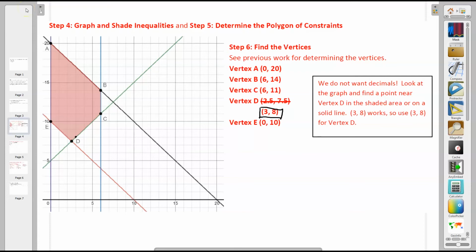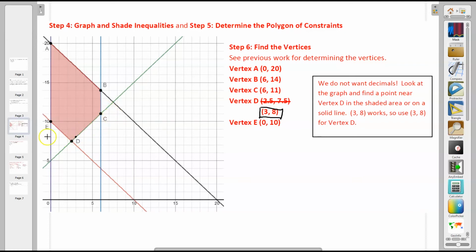Now, if it had turned out that that point wasn't actually on the line, supposing this green line had tipped down just a little bit more so that that point wasn't there, it could still be a valid solution. The solution doesn't have to be on the line. It just has to be coordinates where you have whole numbers that are as close as possible to the original vertex.